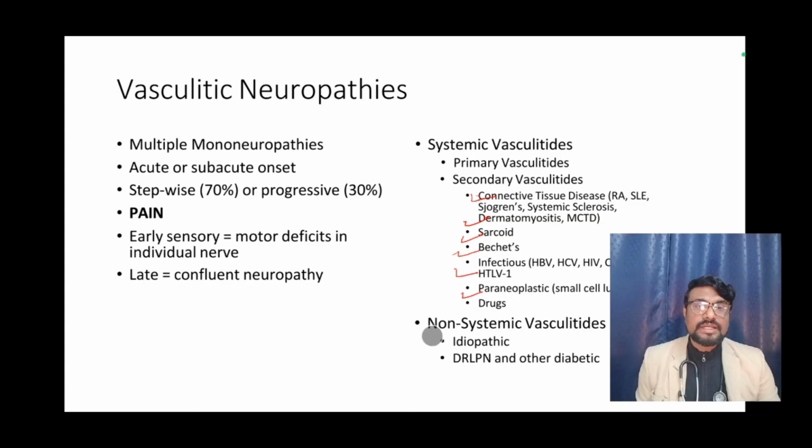Non-systemic vasculitis includes idiopathic or DRLPN or other diabetes. These are the others that can also lead to vasculitis.